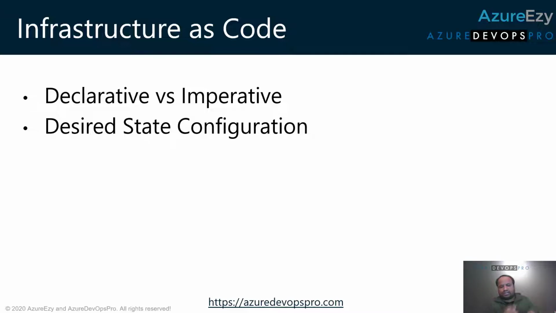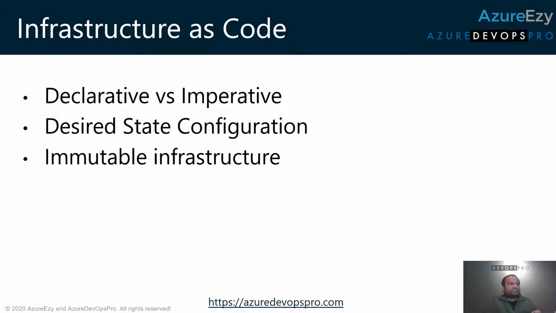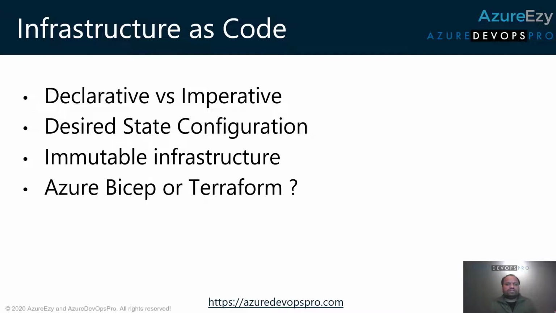When you declare something, you mention what exactly the desired state you want, and you actually tell the property, and that's it. The Azure Bicep engine behind the scene, or whatever desired state tool that you use, will make sure that it works as intended.